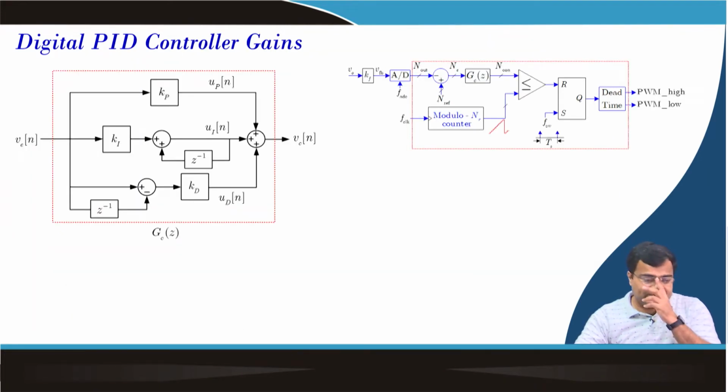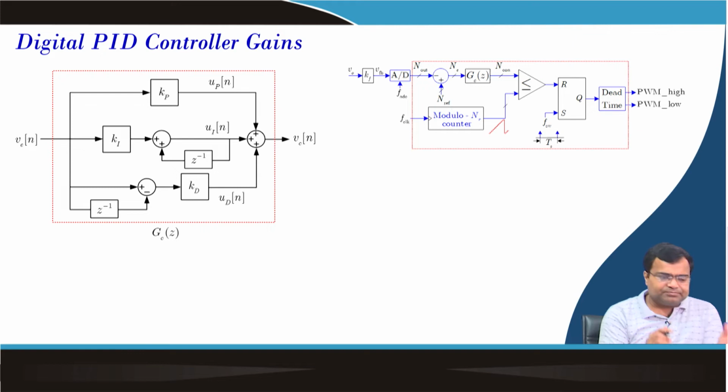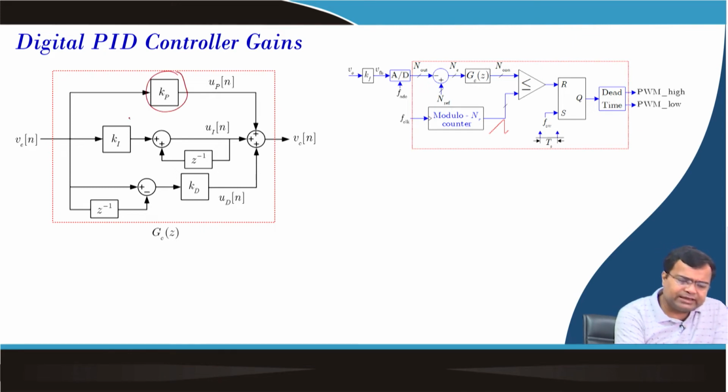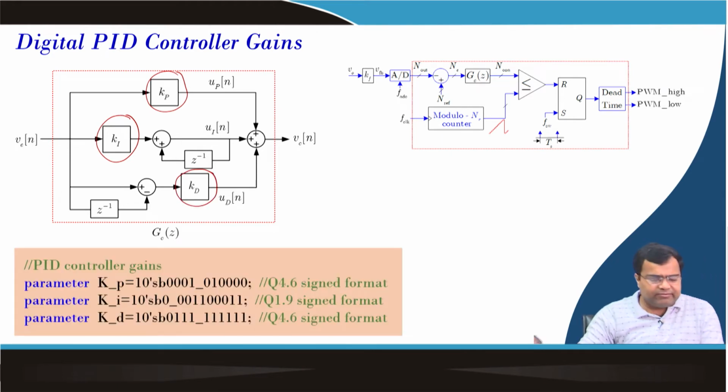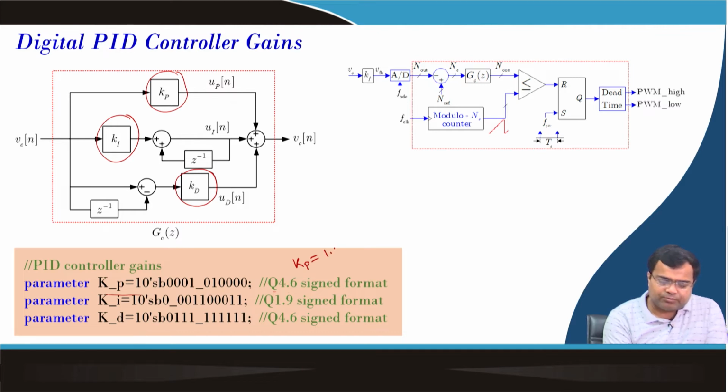We have discussed the digital PID controller implementation, and we also implemented it in MATLAB in week 3. This is the proportional gain, the discrete time integral gain and the discrete time derivative gain. In the Verilog these are parameters, and for Kp we have used Q 4.6, which is why Kp comes to be 1.25: the integer bit is in the 2 to the power 0 location, so it is 1, and this bit is in 2 to the power minus 2, so that means 0.25.